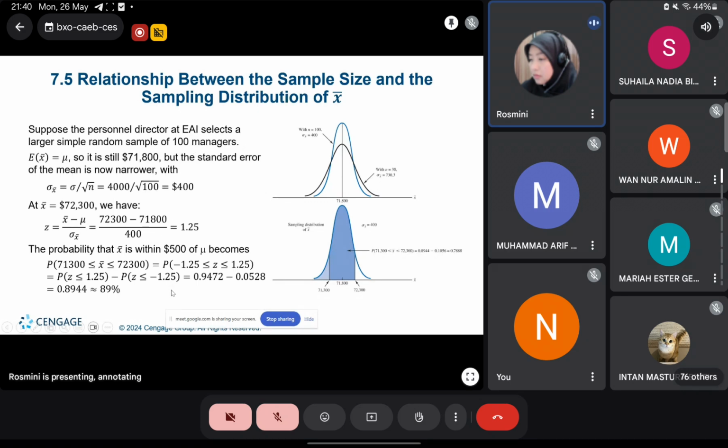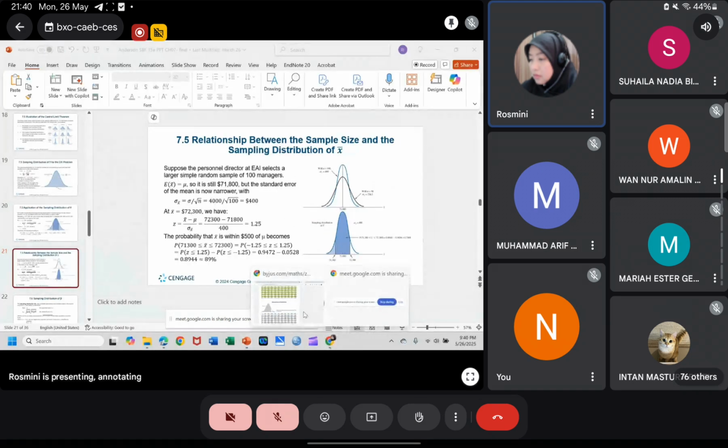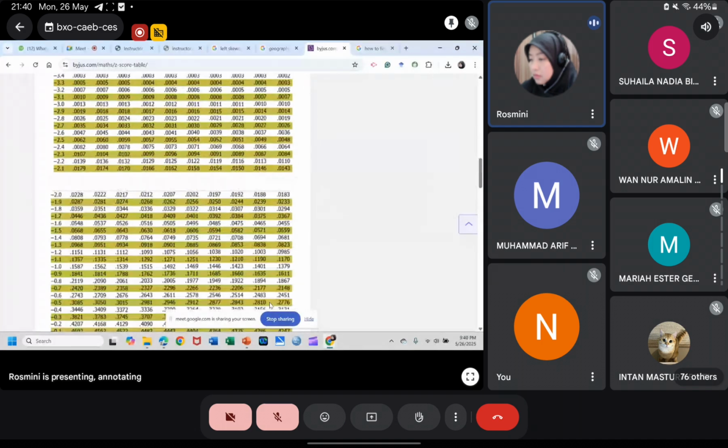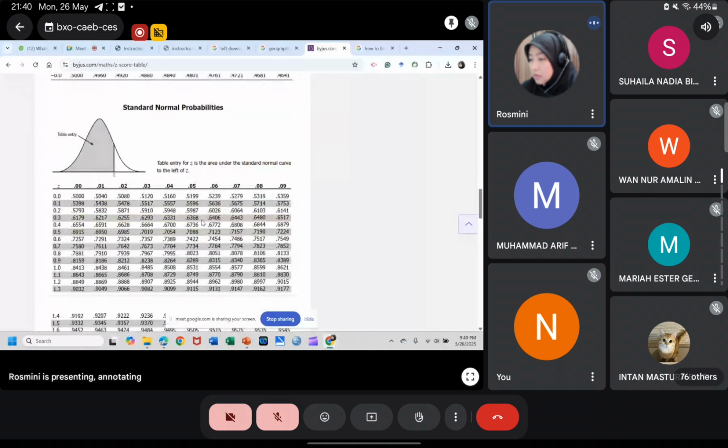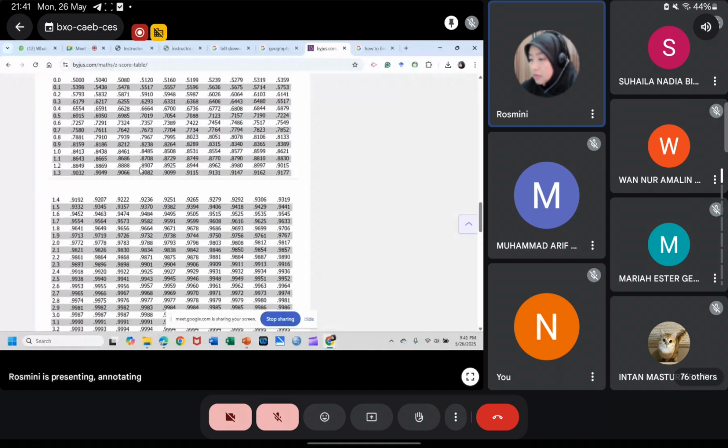So for the probability, you go to Z-score 1.25, and we get 0.1056 and 0.8944.